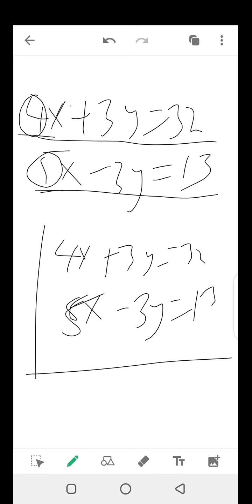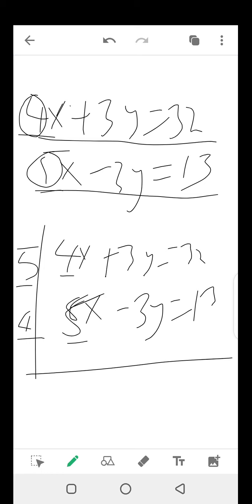If you look at this very well, if I multiply by 5 here and multiply by 4 here, when I have 5 times 4, it's going to be 20. If I have 4 times 5, it is going to be 20. So you can see that I will have achieved the fact that x is now having the same coefficient.